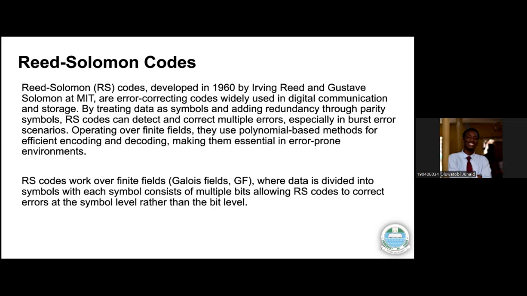It transforms your block data into a polynomial, then carries out the math operation, then transmits it, and at the transmitted end, it takes in that data and removes the errors over time. So the RS code, like I said, works over finite fields, which is the Galois field. Next slide, please.